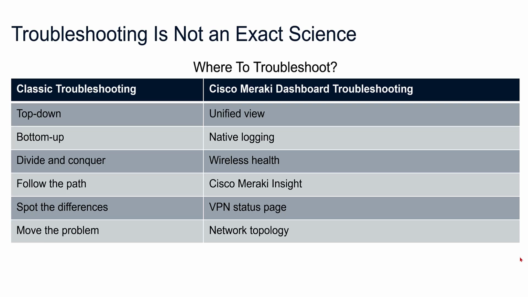We need to also be able to spot the difference, right? If there are differences in what we've seen in the past compared to what we see today, maybe we have a good baseline of operations, or maybe it's just comparing something that's working versus something that's non-working. Maybe one client can get to a specific host in the enterprise and the other client can't. So now we can do a comparison and say, what is different about these two clients?